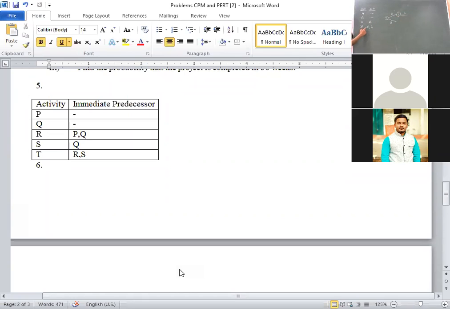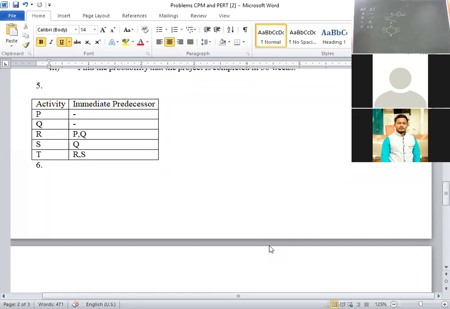Right now, listen carefully. A and B is completed, then only D. What I told, what is the rule? Two activities cannot start and end at the same node. Here A and B. Then how we will draw in general? Activity A is starting from node 1 as well as activity B also starting from node 1, okay, here AB.